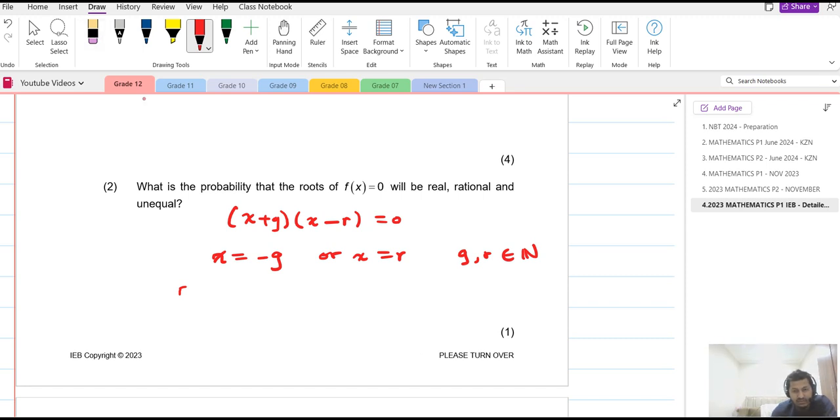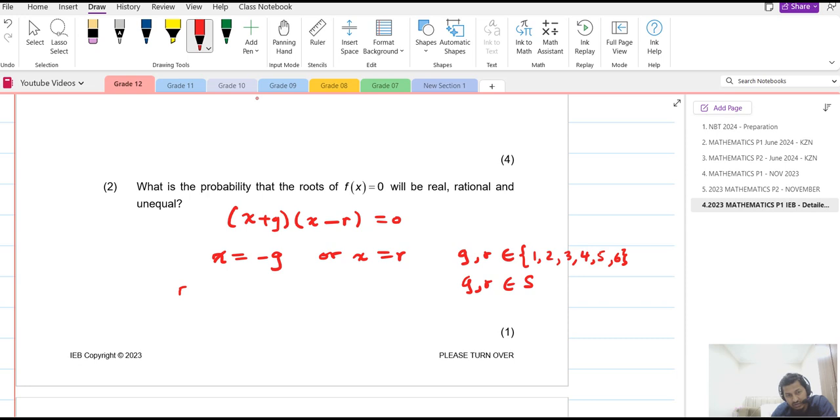g comma r is an element of natural numbers, and we can define it as 1, 2, 3, 4, 5, 6. Or you can say g comma r is an element of the sample space, because we defined the sample space as 1, 2, 3, 4, 5, 6. Remember, initially I defined that.